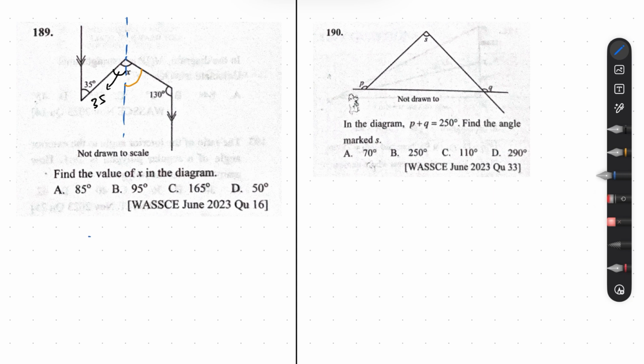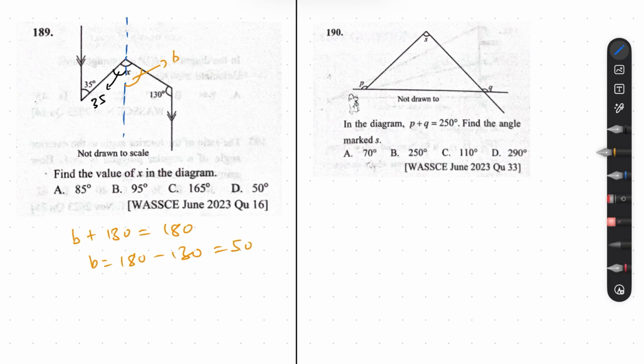So x, not x. X is the whole angle. So let's call this angle B. So B plus 130 should give us 180. So that means B is equal to 180 minus 130, which is equal to 50.